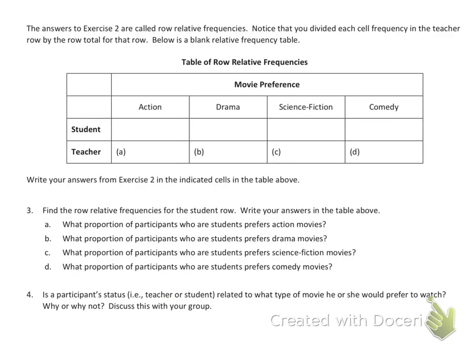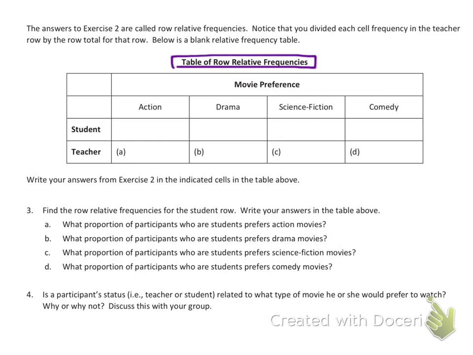Okay, let's move on. All right, so the answers to those that you just found, the answers to exercise 2, are called row relative frequencies, and we talked about that in lesson 13. Notice that you divided each cell frequency in the teacher row by the row total, so total number of teachers. So here is a table of row relative frequencies.